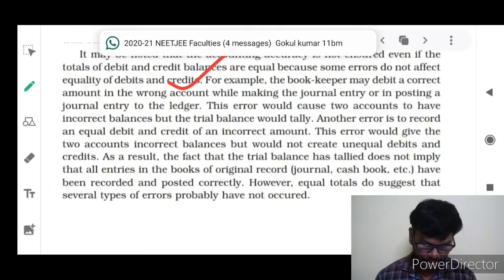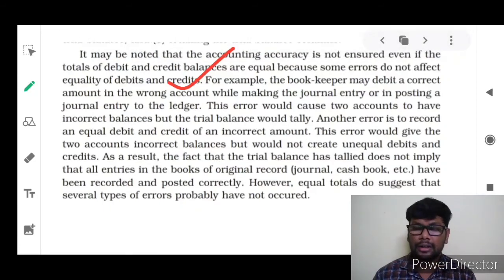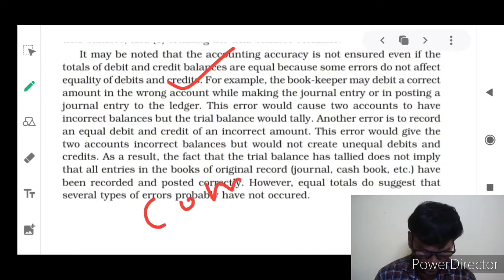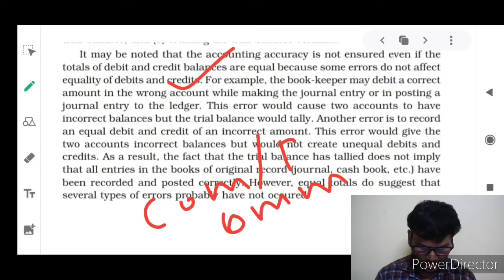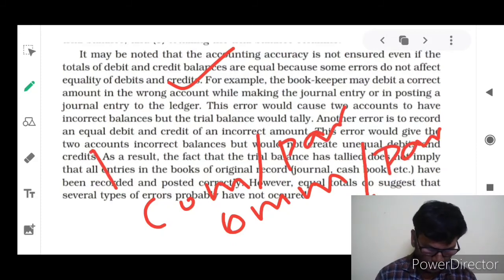What are errors of commission? If they record the correct amount in the wrong account, it is perfectly recorded but in the wrong place. I told you already, so many errors are there: errors of commission and errors of omission, errors of partial commission and partial omission, and errors of principle.